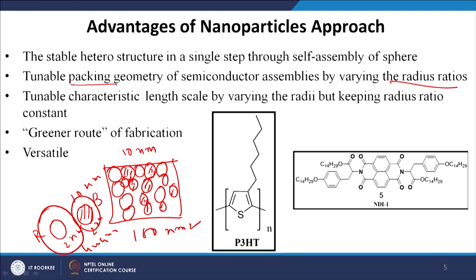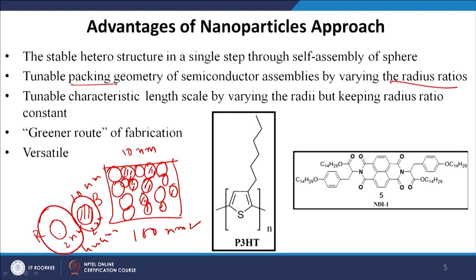Similarly, let us say I have changed the radius of the red ball from 2 to 4 nanometer and the blue ball from 2 to 4 nanometer. In the first example, the radius of the red ball to the blue ball is 2 by 2, that is 1. In the second case, when I increase the radius, it is again 4 by 4, 1. So, the radius ratio is the same, but you can also make the radius ratio different.